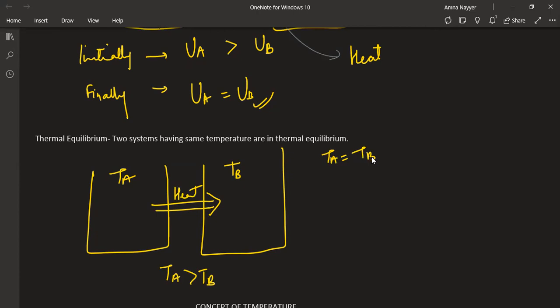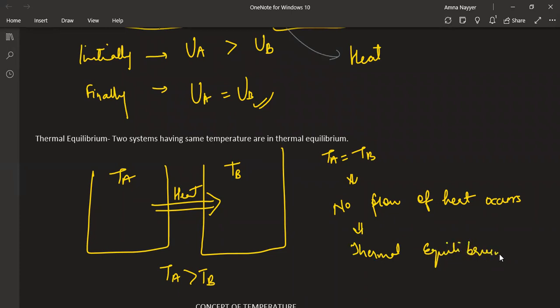Now once TA is equal to TB, no flow of heat occurs. So this condition where temperatures are equal and no flow of heat can occur is known as thermal equilibrium.